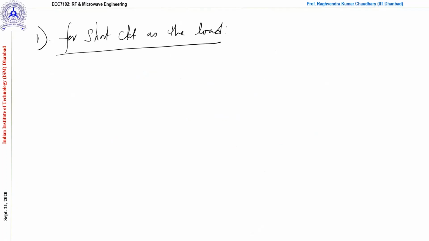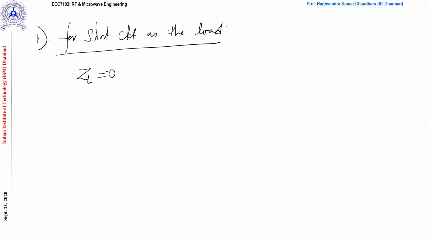So I'm taking the first case as short circuit as the load. It means ZL is equal to 0. For a short circuit, ZL must be 0.